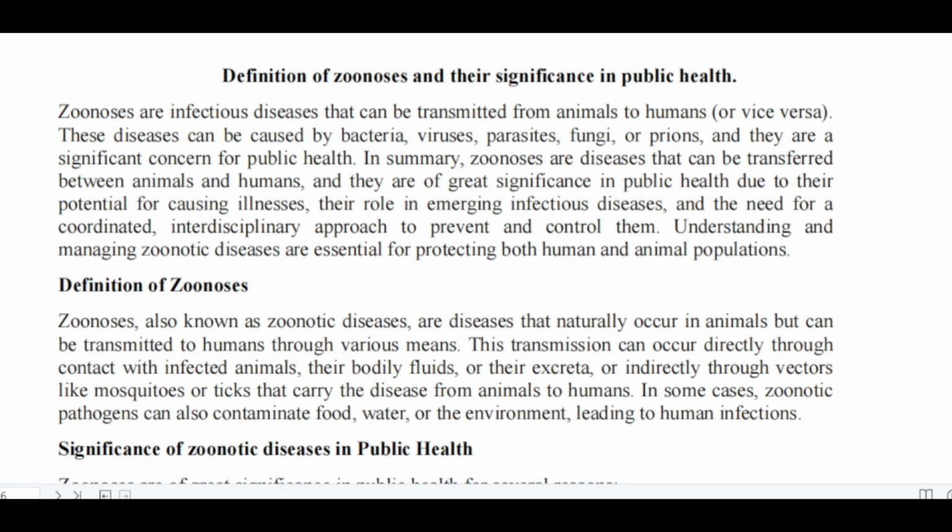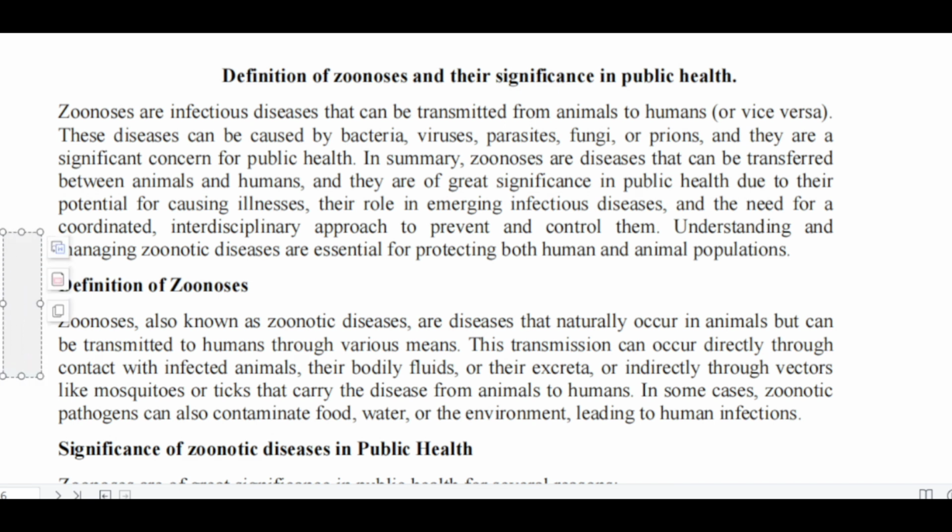In summary, zoonoses are diseases that can be transferred between animals and humans, and they are of great significance in public health due to their potential for causing illnesses, their role in emerging infectious diseases, and the need for a coordinated interdisciplinary approach to prevent and control them. Understanding and managing zoonotic diseases are essential for protecting both human and animal populations.